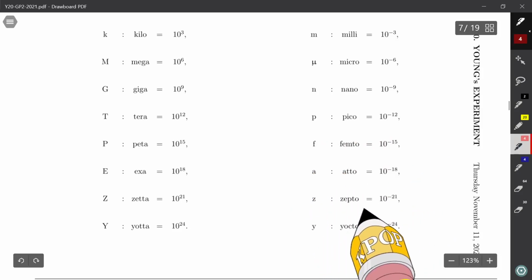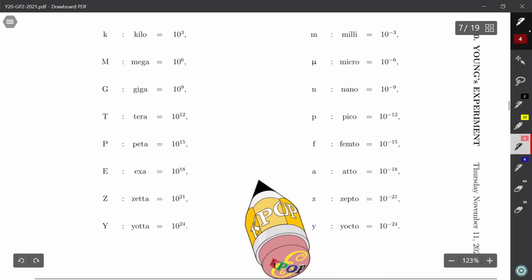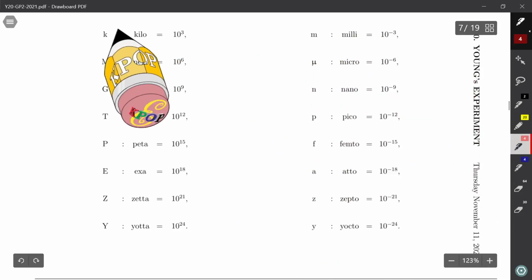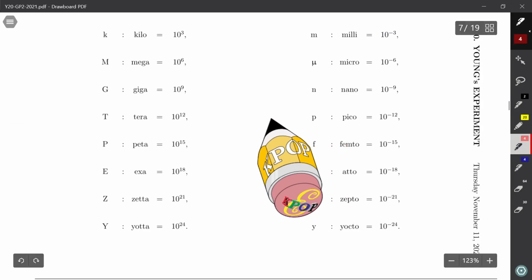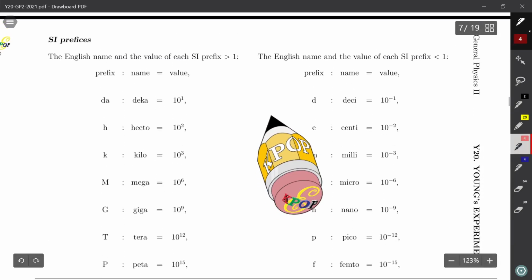Femto, atto, zepto, yocto. You should be familiar with those numbers. They are pure numbers, 10 to the something.